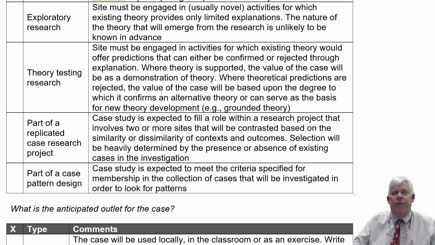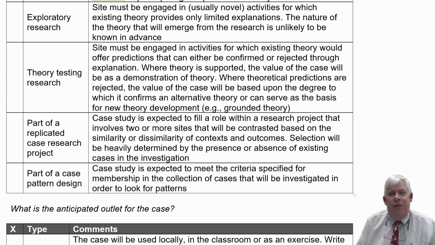case research. Now, if you're writing a theory testing case, here we're dealing with something that's a little bit different in terms of how we choose sites. In most cases, we're going to be looking for a site that is exhibiting a very specific phenomenon so that we can use it to test theory.